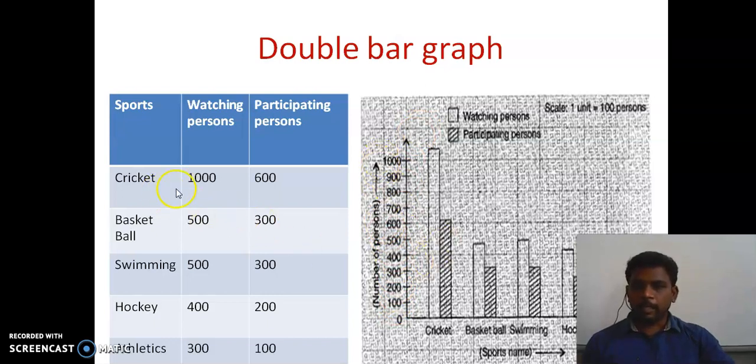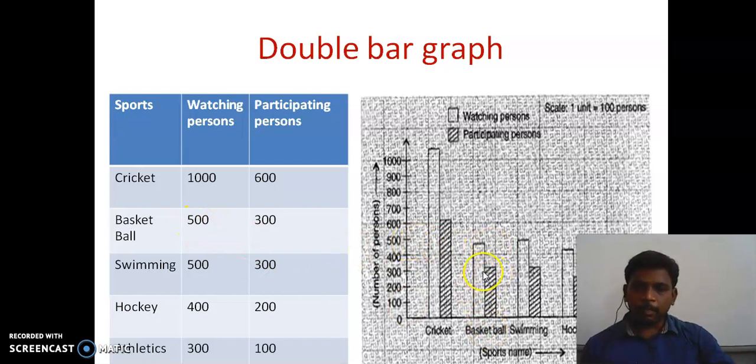So in cricket the watching persons are 1000, so we have to draw the bar up to 1000, here they have drawn it approximately here, okay? So similarly 600 participants are there, so it corresponds to 600. And similarly next game basketball, the first bar indicates the number of persons watching, so here 500, so it corresponds to 500.